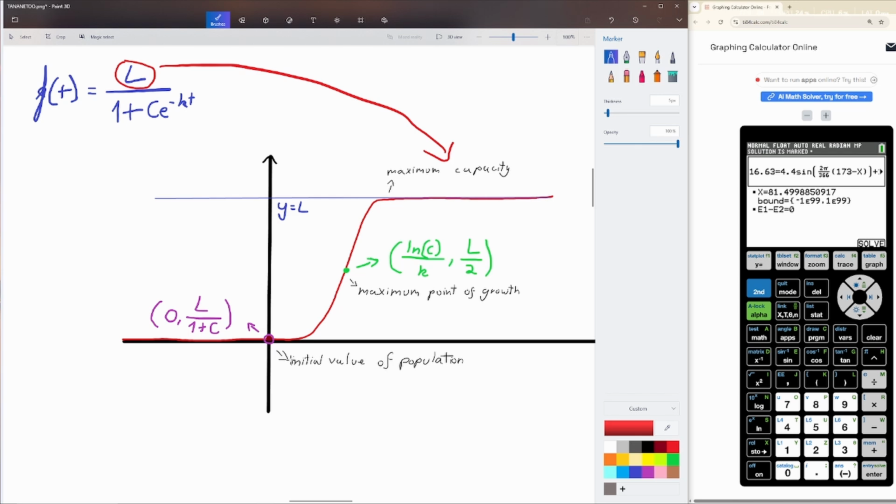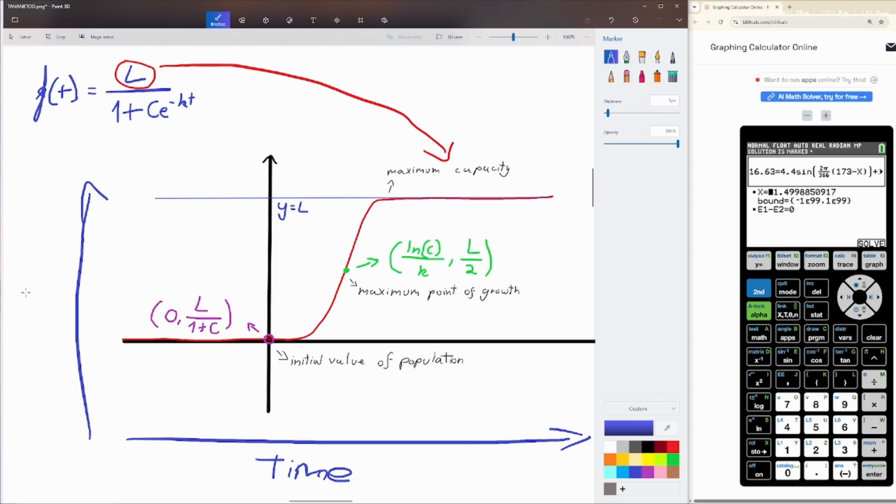So your initial value of the population is L divided by 1 plus C, because obviously if you're looking at the graph, this is time, and y value is population, and therefore you can find the initial population very easily because it is L divided by 1 plus C. And then you can always find the maximum point of growth as well.